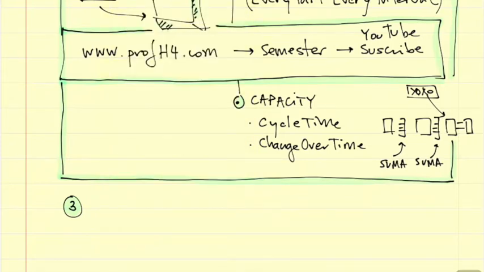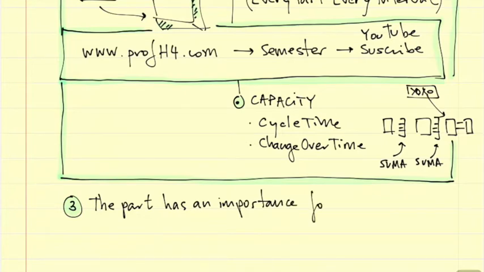So the third criteria is that the part has an importance for the firm and requires extremely close quality control.